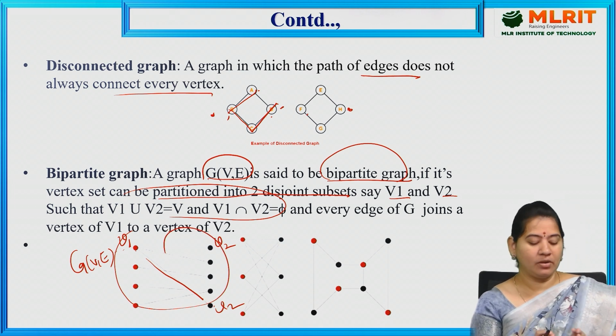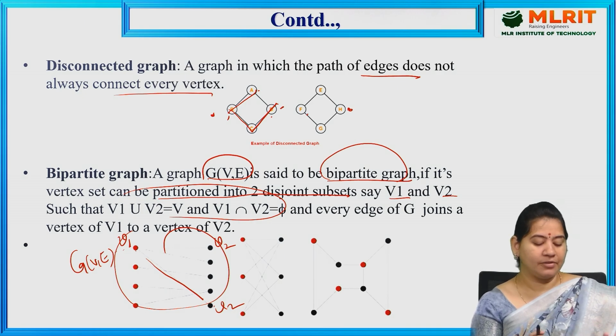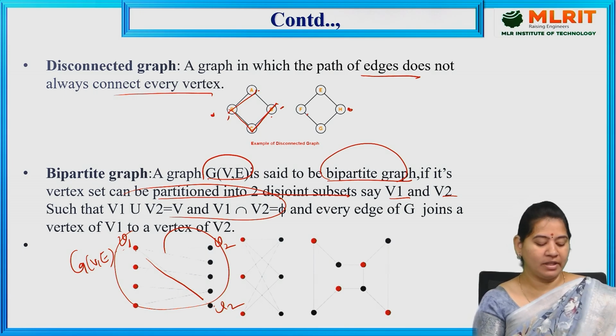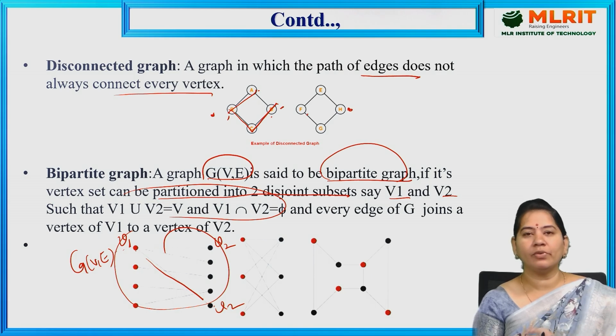Just for our understanding, I have classified the vertices V1 as red color and the other vertices as black color, so that we can easily understand that whatever edge we get from V1 to V2 has two endpoints, one from V1 and another from V2.